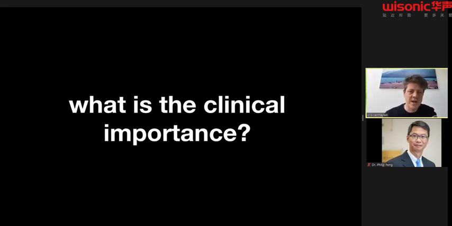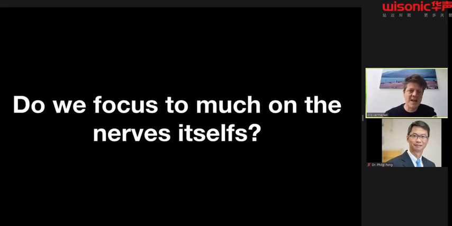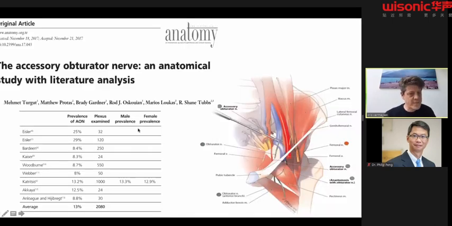So what is the clinical importance? I think it's important to look more at the clinical part and not only at the nerves themselves. Again, nerves are very important, but if you look at this study on the accessory obturator nerve, you see that the average prevalence of this nerve is 13%, and this is the average across some studies.